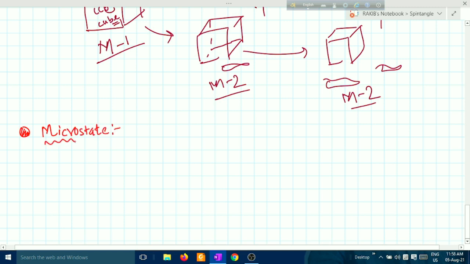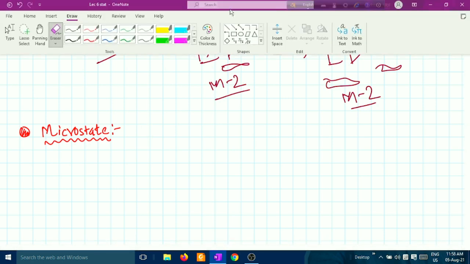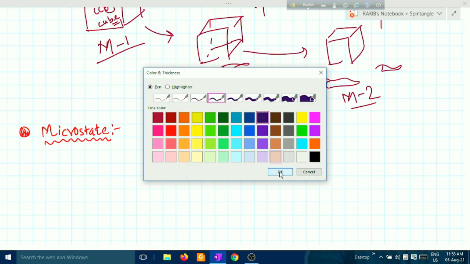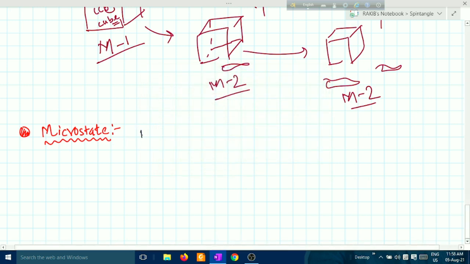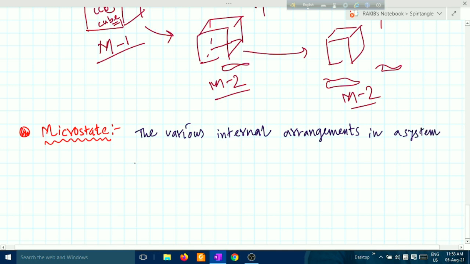Then what is microstate? A very important topic is microstate. First let me write the definition. I am writing it from the book.